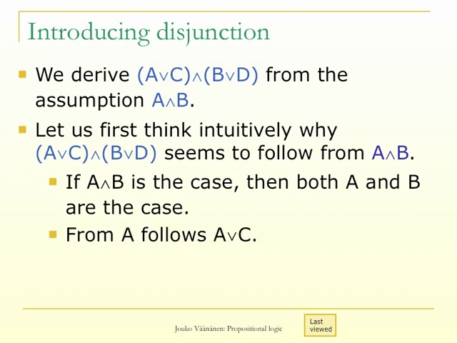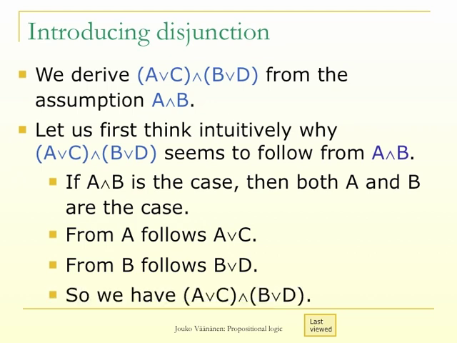From A follows A or C. From B follows B or D. So we have (A or C) and (B or D).